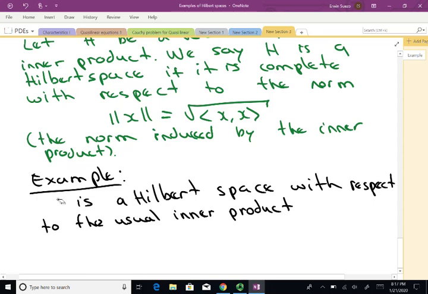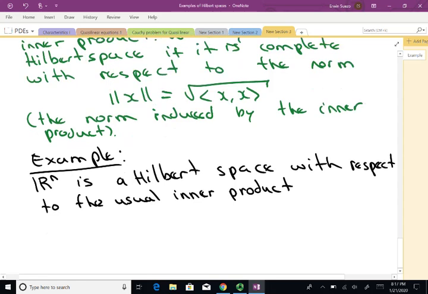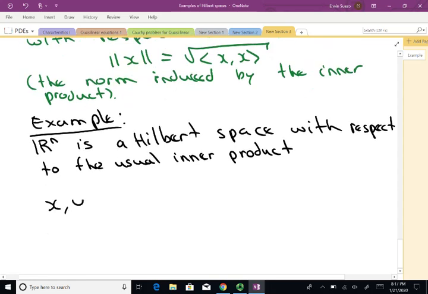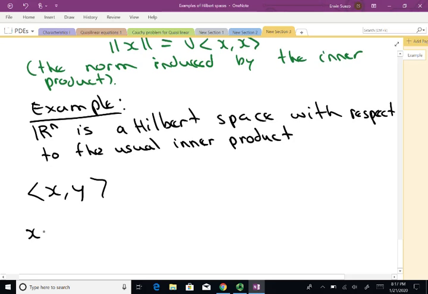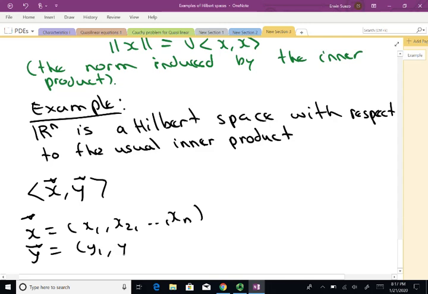So that means the inner product between x and y, where x is x1, x2, until xn, and y is y1, y2, until yn.